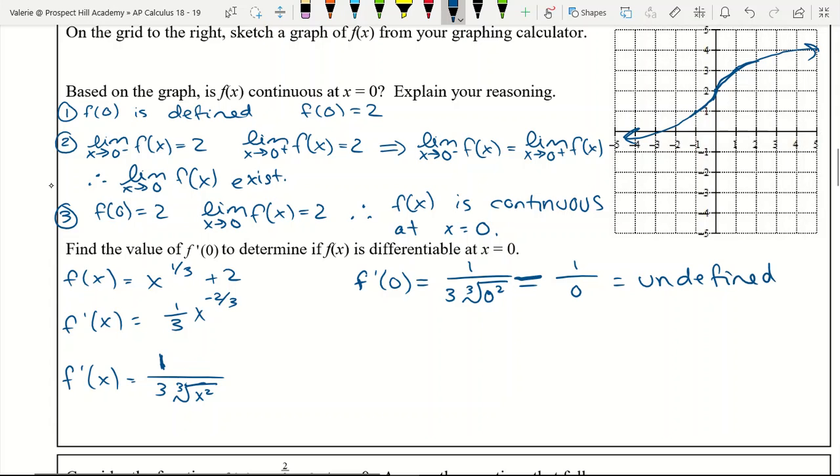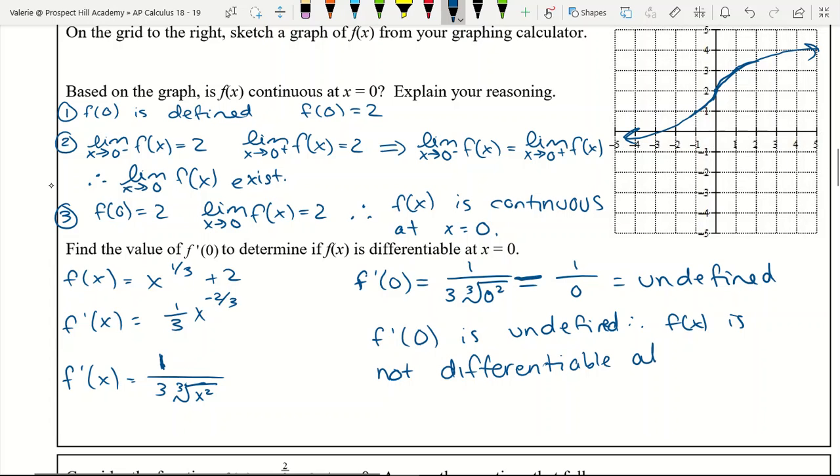Okay, so in this case, since f prime of 0 is undefined, therefore f of x is not differentiable at x equals 0.